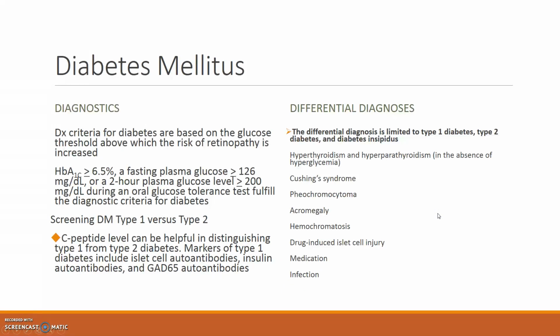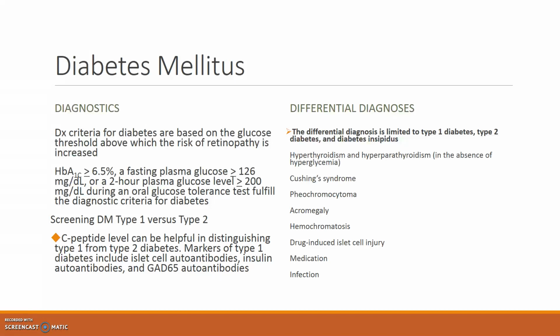Diagnostically, it is the diagnosis criteria for diabetes based on the glucose threshold, above which the risk of retinopathy is increased. So we know that hemoglobin A1C of greater than 6.5, a fasting plasma glucose greater than 126, or a 2-hour plasma glucose level of greater than 200 during an oral glucose tolerance test fulfill the diagnostic criteria for diabetes.